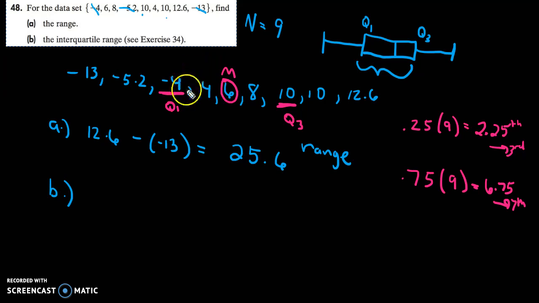Okay, so then the interquartile range is what's the distance from Q1 to Q3. So from negative 4 to 10 is 14 units. And sometimes you'll see this also abbreviated IQR. So interquartile range is 14. So there's a distance of 25 from the highest to the lowest. There's a distance of 14 from the 25th percentile to the 75th percentile.